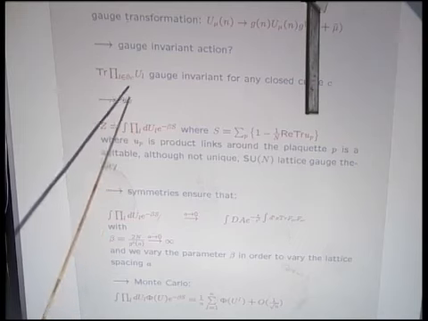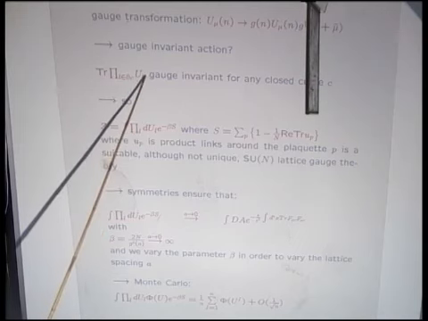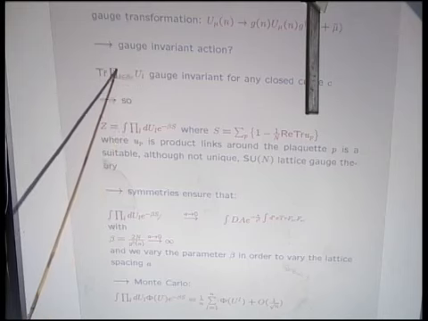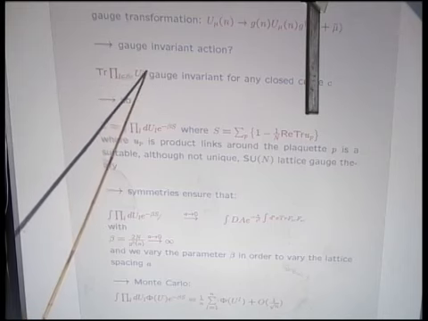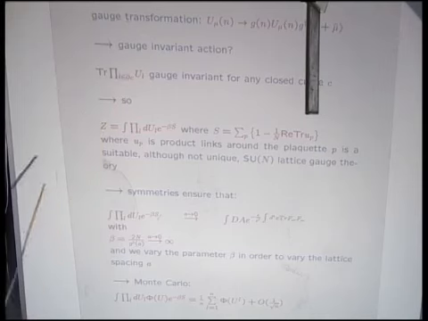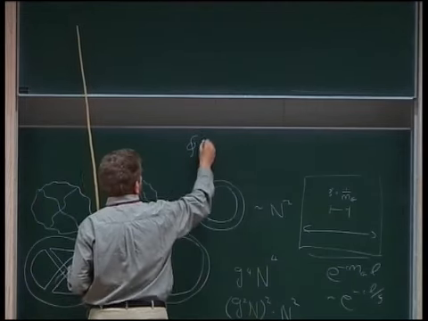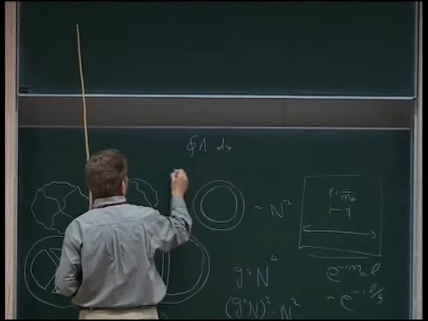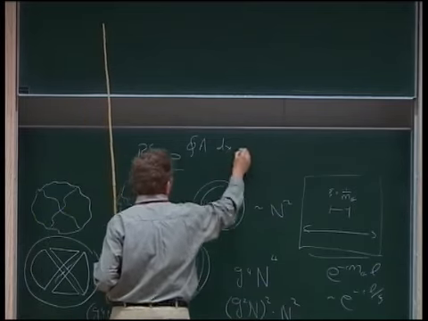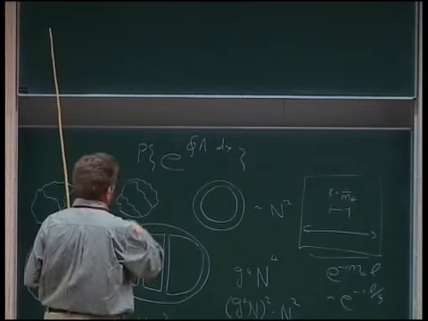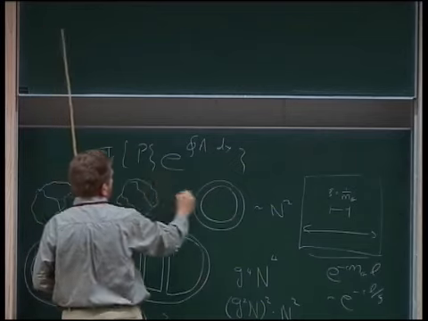Then when you take the trace, you can use the cyclic property of the trace to take the g at the end back to the g dagger at the start, and that disappears. So it's gauge invariant. And this is, of course, just the usual thing you're familiar with: if you take a closed loop path-ordered exponential and take the trace of that, it's gauge invariant.